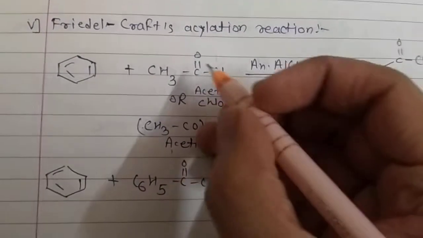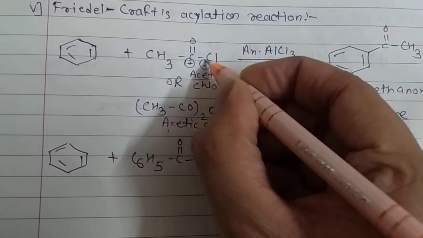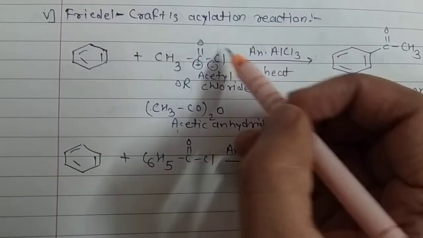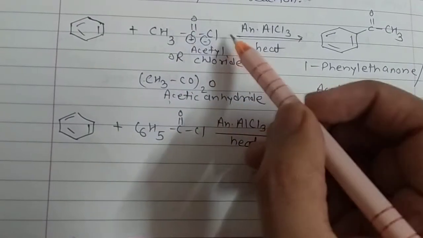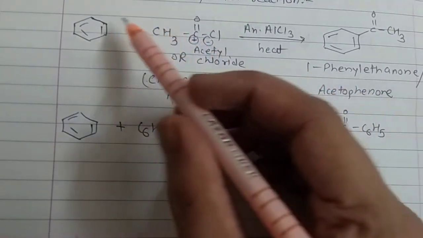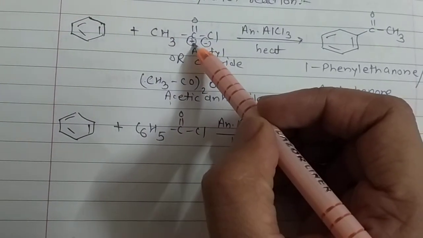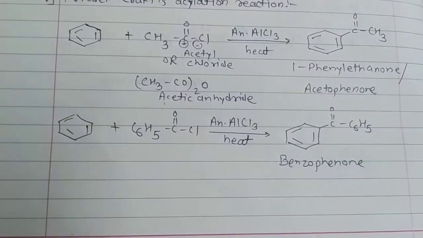Again here this carbon is positive, so the positive carbon attaches to the benzene ring. This will be delta positive and so on, but in general we can say that chlorine is more electronegative, carbon is positive, so benzene gets attached here. Therefore this will be the product.